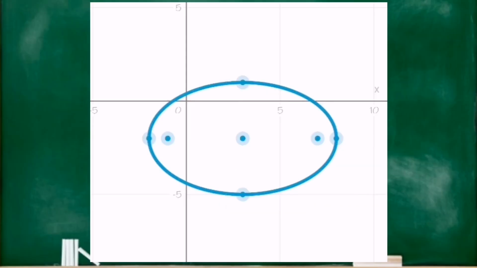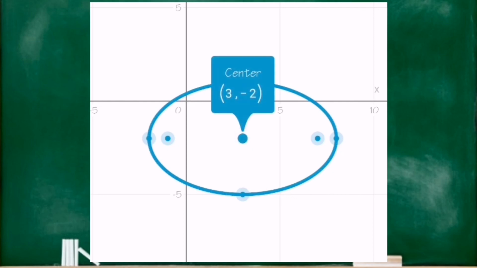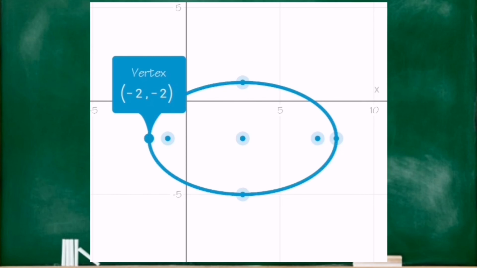So, kapag finlat natin siya sa graph, ito ang kalalabasan niya. Lagi nyo lang tatandaan na ang center, foci, at vertices ay collinear. Ibig sabihin nun, nasa isang linya lang sila. So, ang ating center ay 3, negative 2, which is h, k. And then our vertex 1 is negative 2, negative 2.